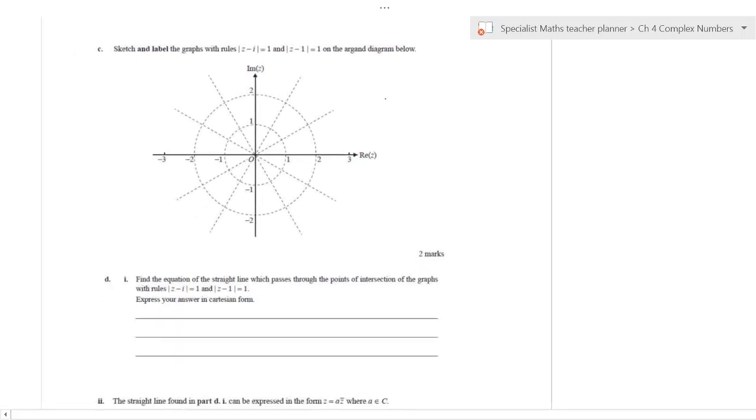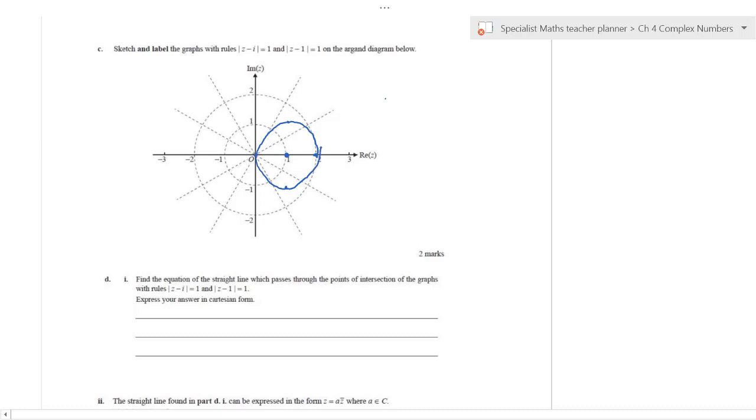Now what we've got here is we've got to sketch those on here. It's quite an easy thing to do because we've got a circle centre (1, 0), and let's say that's a radius of 1. So centre, radius 1, like so. So we've got a circle which sort of goes like so. It doesn't have to be the world's greatest circle.